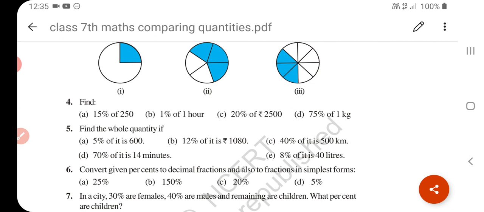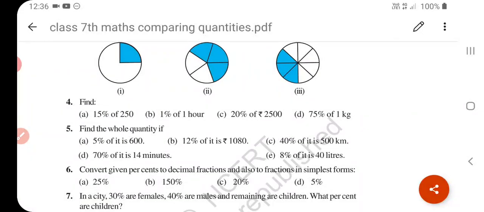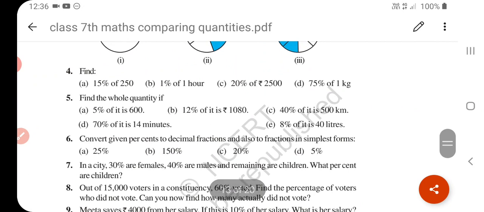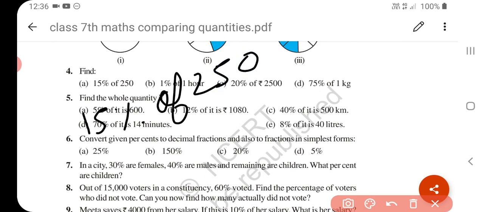Now we have completed exercise 8.2 questions number 1, 2 and 3. I hope you have all completed these questions. Now question number 4. What is question number 4? 15% of 250. So what can you do in this question? You know what is the meaning of of?